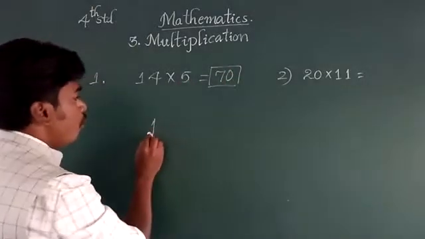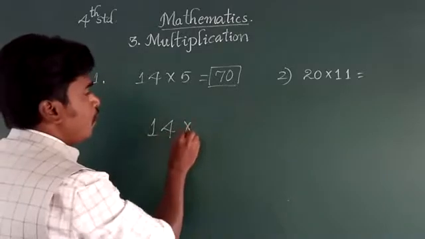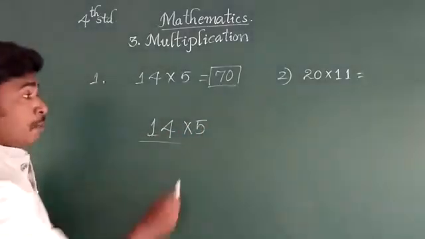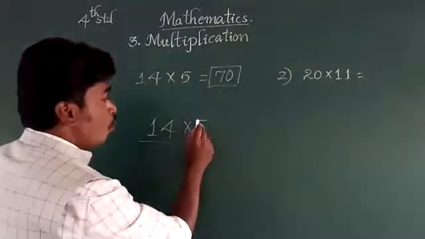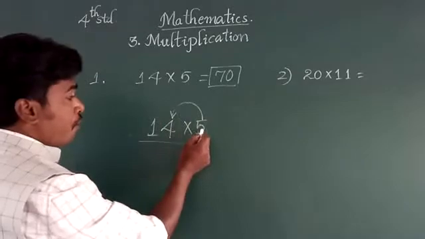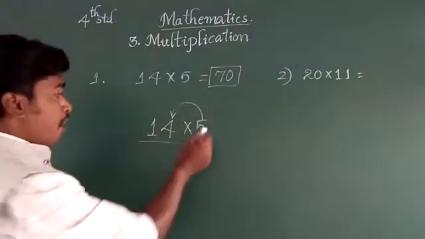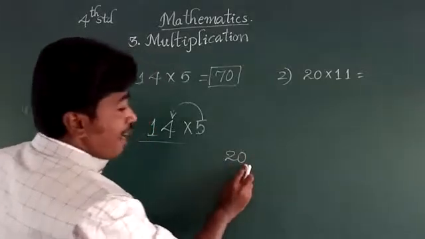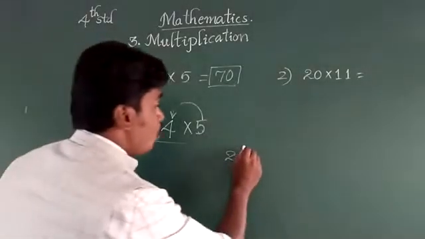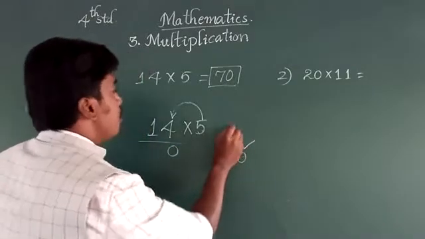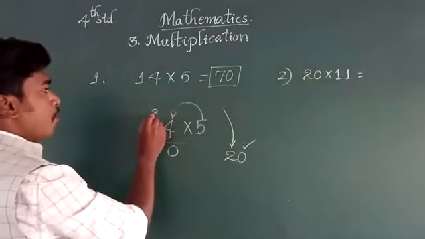If you don't know, then write it once again, 14 into 5. Then you multiply. How to multiply? This is the only one digit. First you multiply to ones place number. 5 fours are 20. So 20 directly you cannot write. So write ones place number here and tens place number is carry.